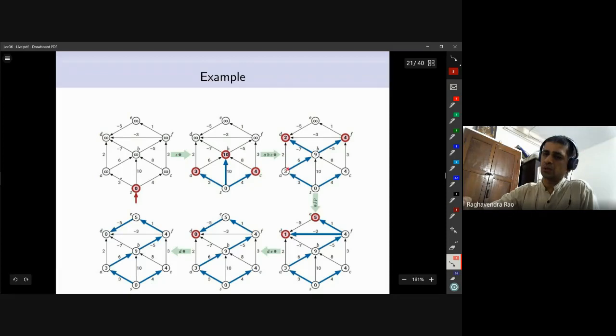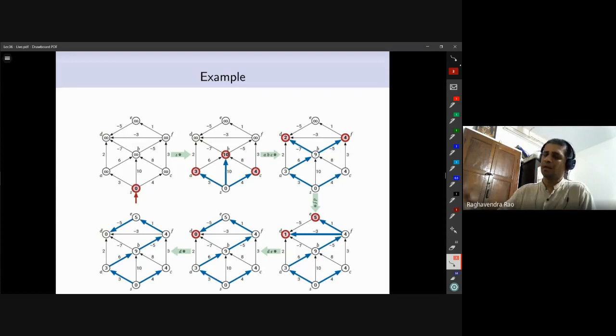It also depends on the order in which you process. If you process in this order, and you choose this edge first, this will cause a relax first, and then this will be relaxed further. If you choose this edge first, then this will not be a tense edge at all at that time.